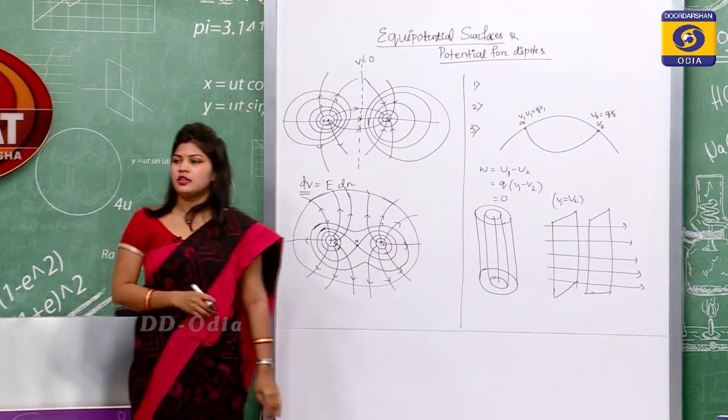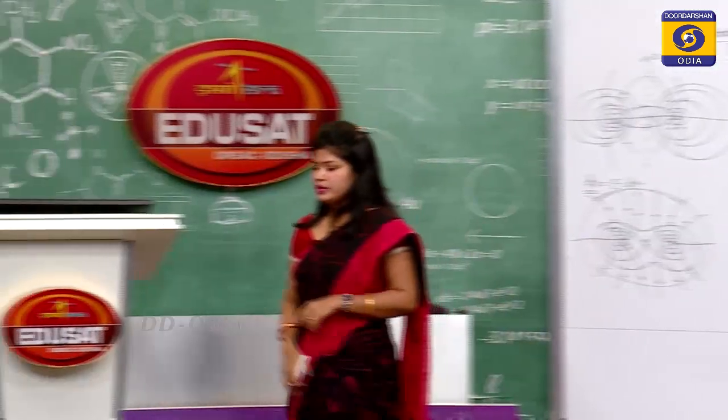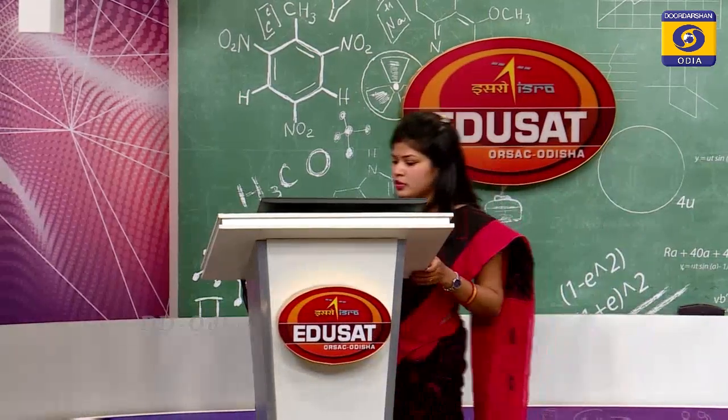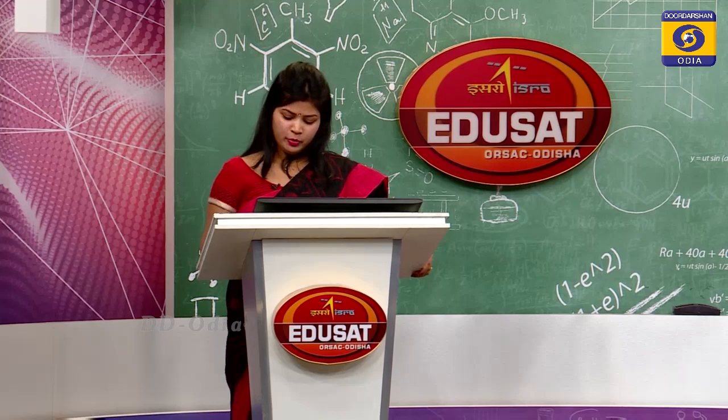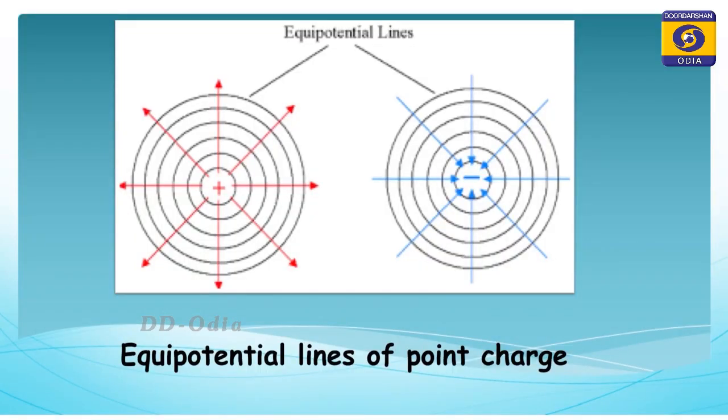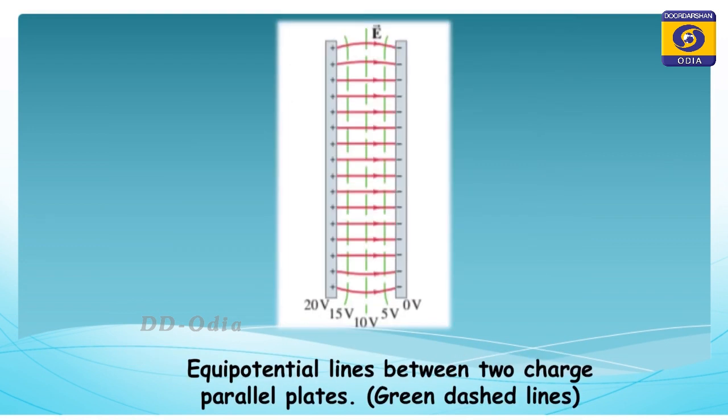Now, let us see the figures in the slides, the different shapes of equipotentials. Here are the equipotential lines of a point charge, and here the equipotential lines between two charged parallel plates, that is, the green dashed lines are the equipotential lines, and the red lines are electric field lines, and they both are perpendicular to each other.